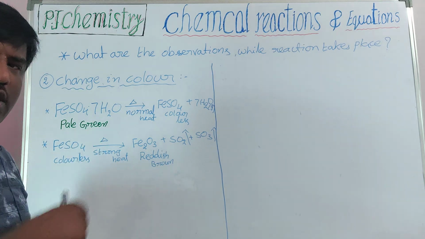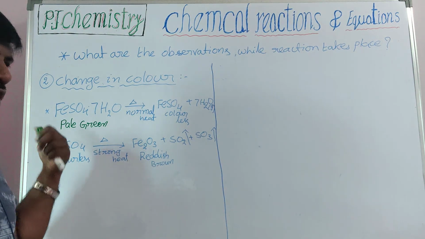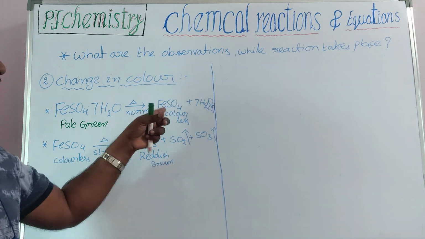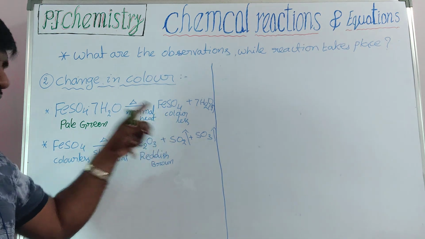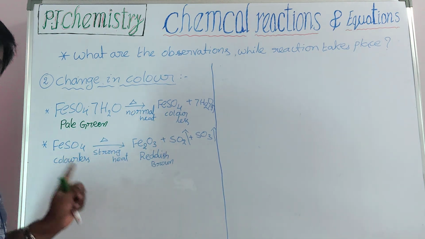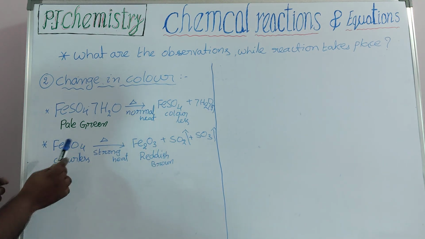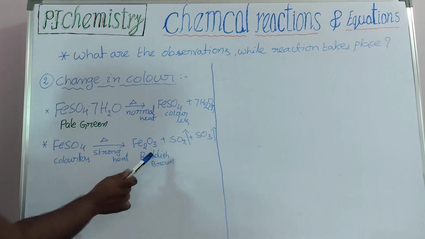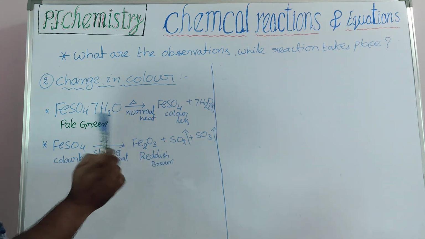So as long as water molecules are present, it appears pale green or dirty green. Once the water molecules escape due to heat, it becomes colorless. After it becomes colorless, if you still continuously give strong heat, further reaction takes place. That FeSO4 decomposes into rust, Fe2O3. Rust is which color? Reddish brown. So keep that in mind.